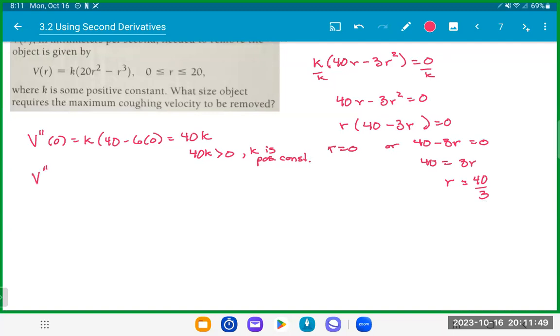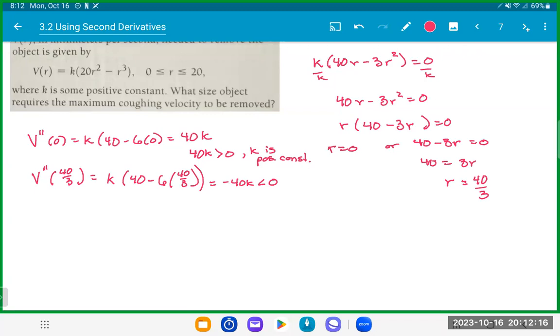My second derivative evaluated at 40 over 3 is going to give me K times 40 minus 6 times 40 over 3. And that equals negative 40K, which is less than 0, right? Because a negative times a positive is still a negative.